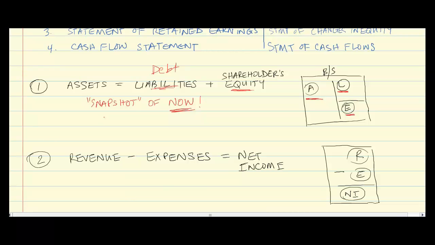Now, if you've heard of double entry bookkeeping, you likely did so in your grade 11 and 12 courses. There are debits and credits. I like to think of it in a similar way to Newton's third law of motion: every action has an equal and opposite reaction, right?